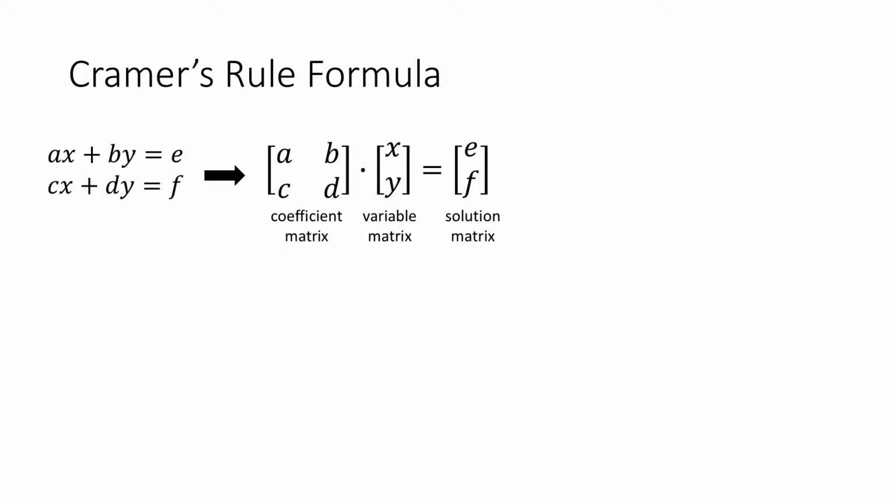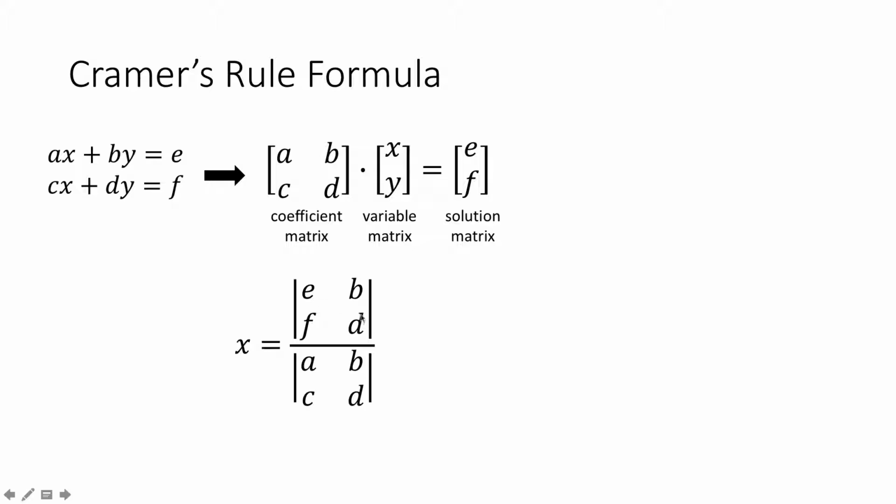Cramer's rule is how to find x and y by taking determinants. You would have a fraction. Your numerator would be the determinant of the coefficient matrix where you replace A and C with the solution matrix, E and F, and B and D stay in the same position.